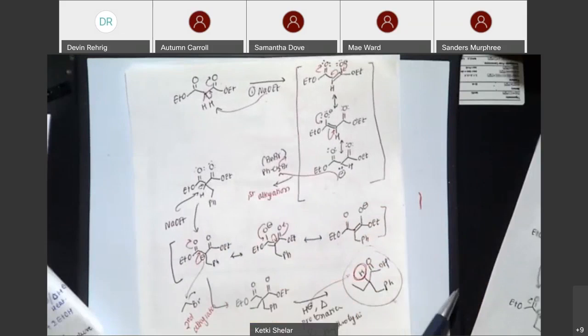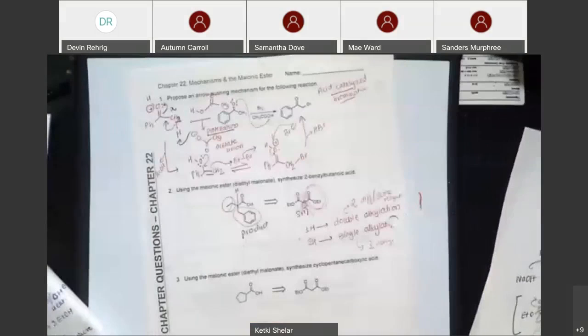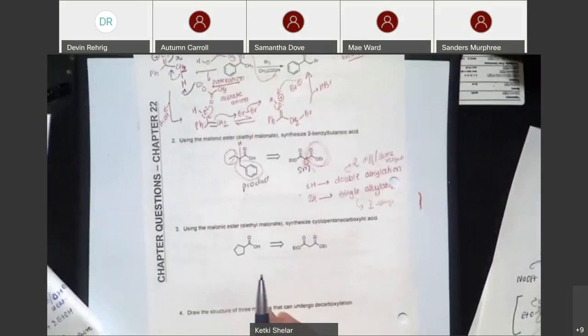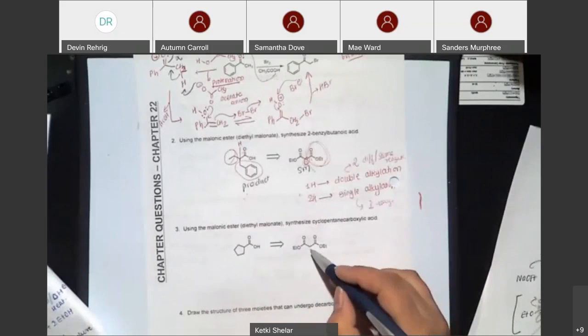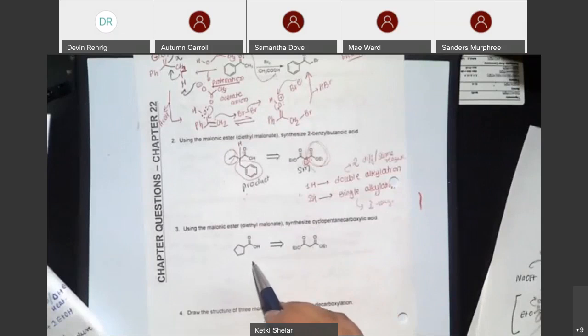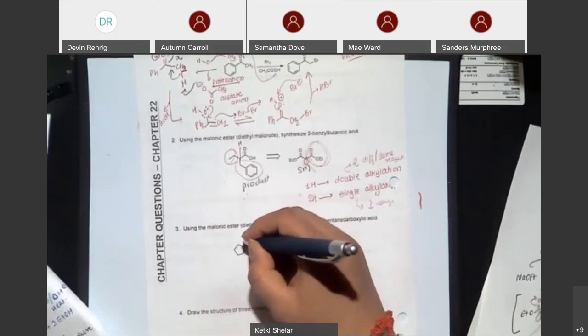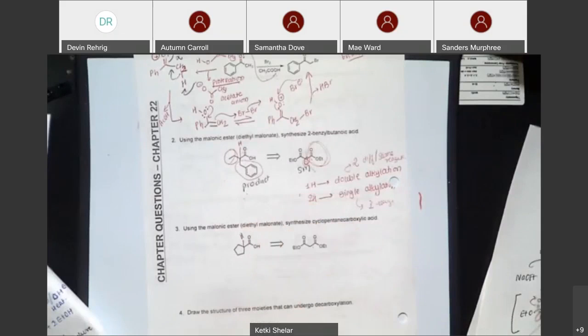So the next question is with this one. This is the same kind of question, right? There are two esters, there is one carbon. This carbon has two hydrogens. Here you can see that there is a carboxylic acid, but the difference is there is one hydrogen, right?